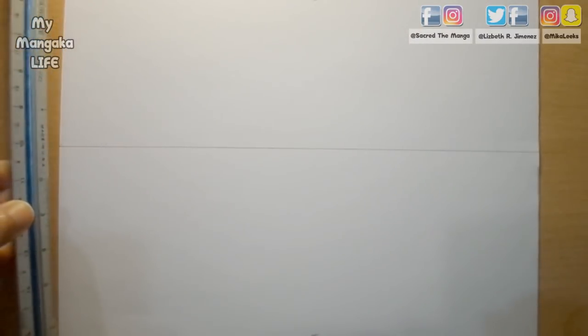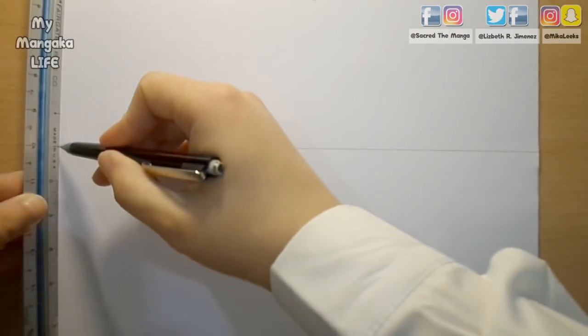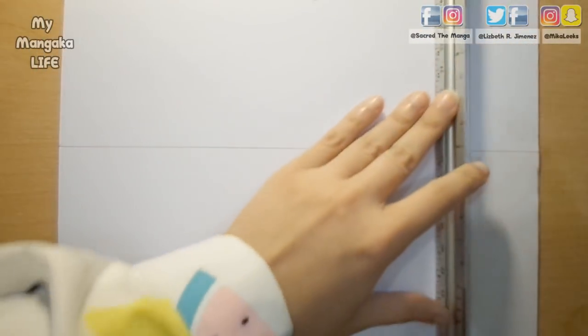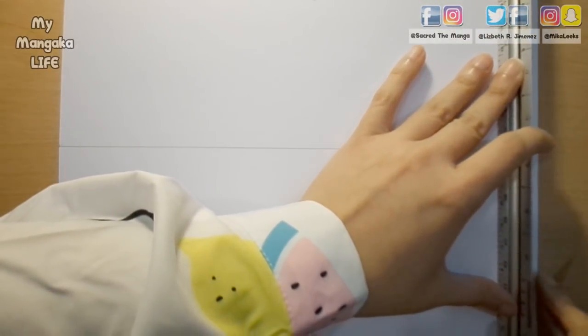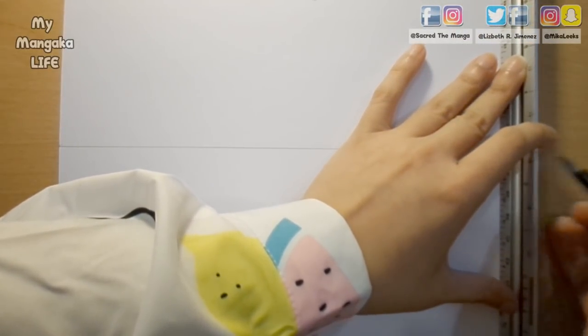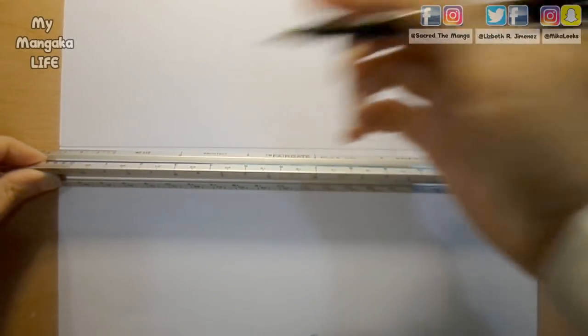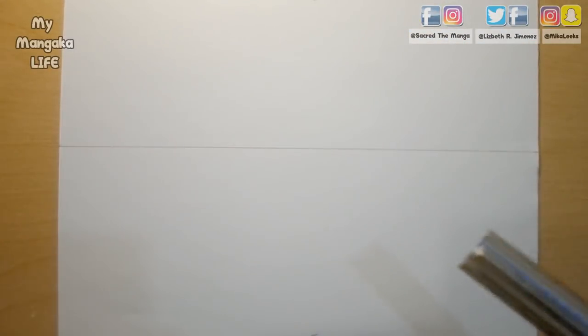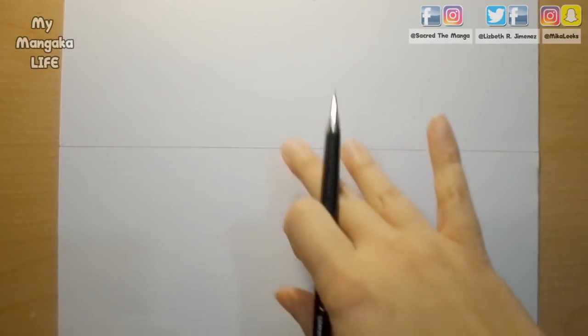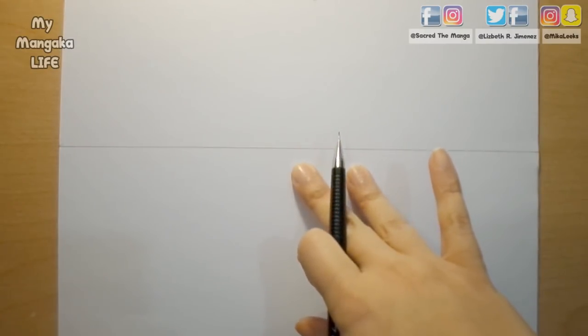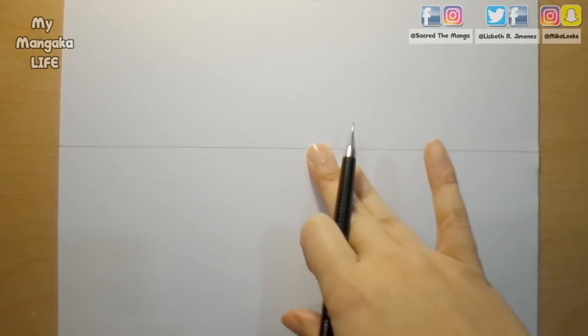The way you would do this with a ruler is you would measure how many inches you want on this side, make a little mark, and go over to the next side and line it up. Make sure that both ends are even, and then go ahead and make your line as such. Once you have your horizon line, you now have to figure out where you want your vanishing point to be.